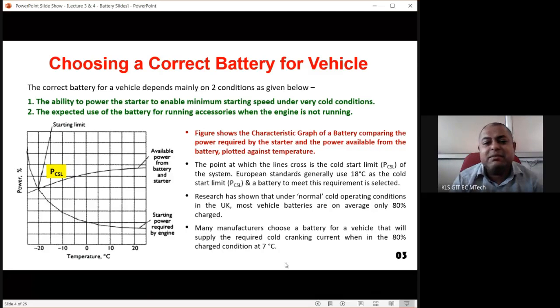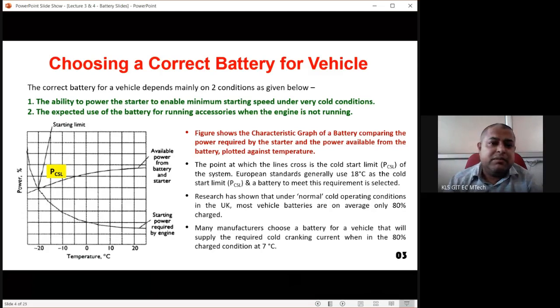These are some details I am giving; no need to remember them. But you have to understand this graph: at which place how much is the cold start limit that people are keeping, for which type of car. Different countries have different temperature conditions, and the cold start limit also changes. That is one thing you have to understand.